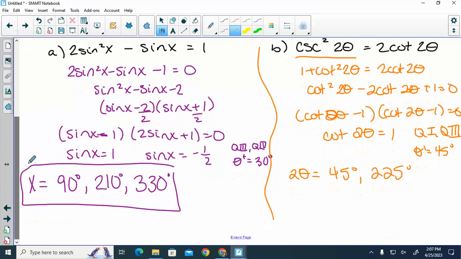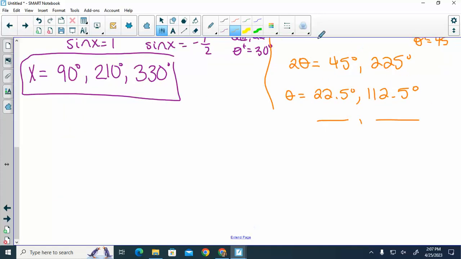And then what do we do? So we get 22.5, 112.5. Am I done? No, the 2 theta meant double solutions. So what do we do? 360 divided by 2 is 180.